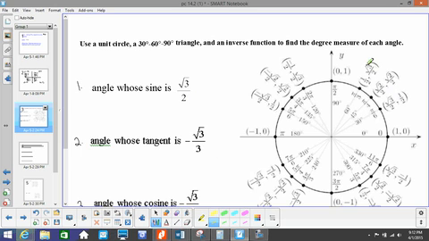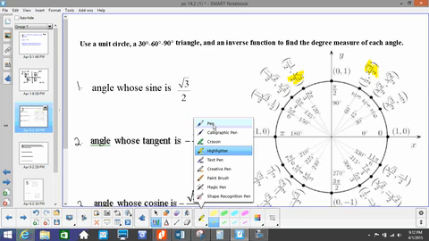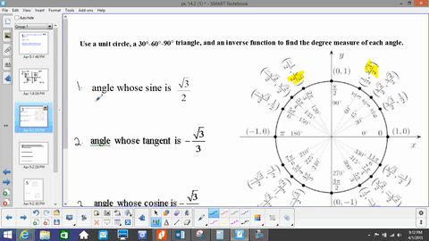Well, I know that that would be my y-coordinate. My y-coordinate is radical 3 over 2 there, and right there. So the answer to this one is going to be at 60 degrees and at 120 degrees.